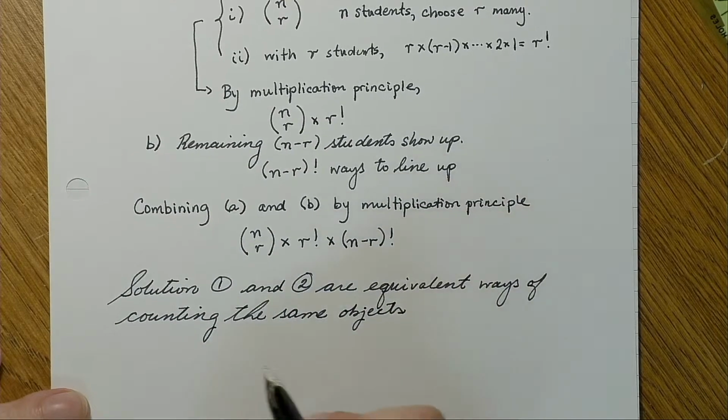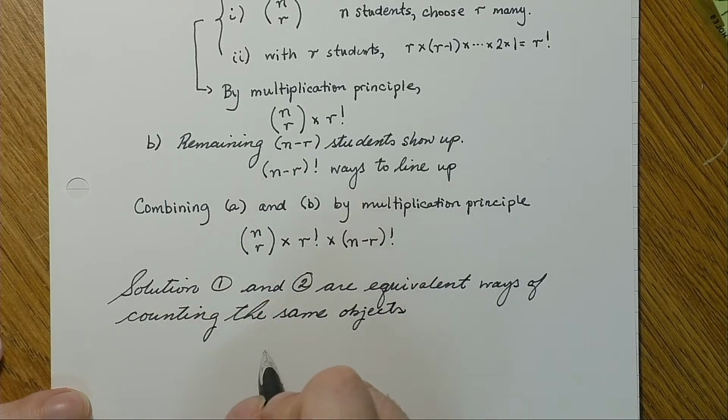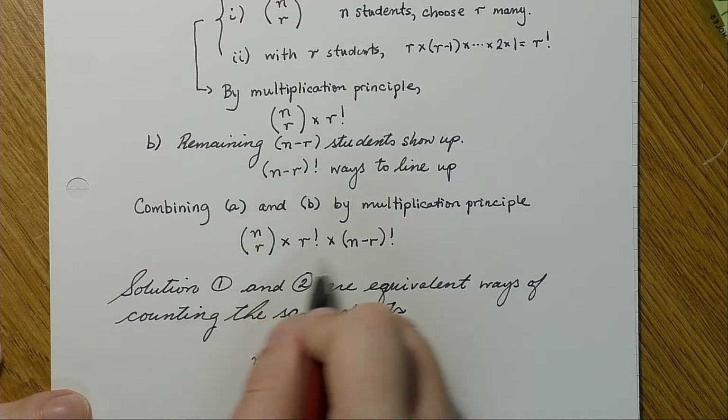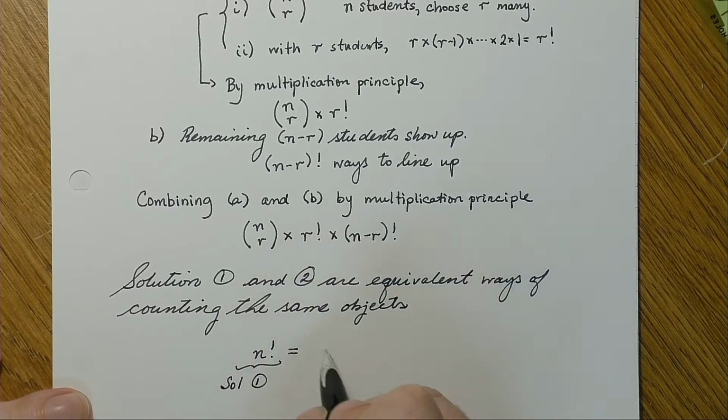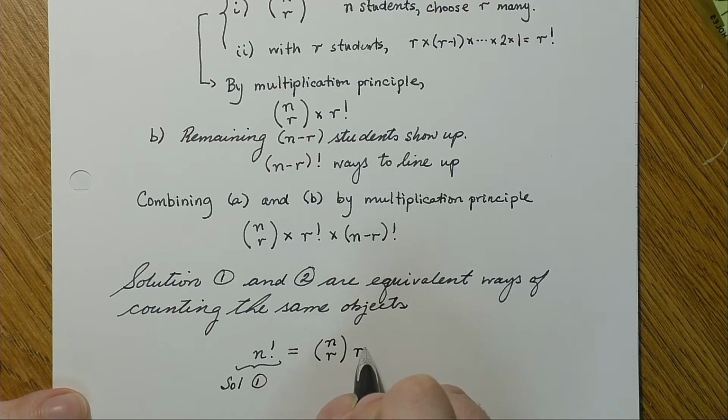So what I get then is for solution 1, I have n factorial is equal to my second solution. So this is solution 1. And on the right-hand side, I have n choose r times n minus r factorial. So that's what we get for the second solution.